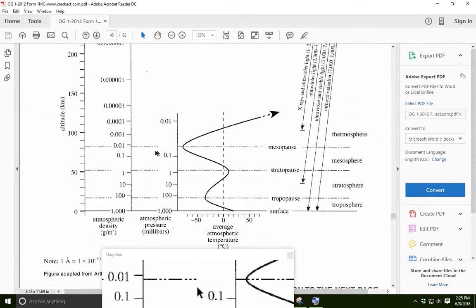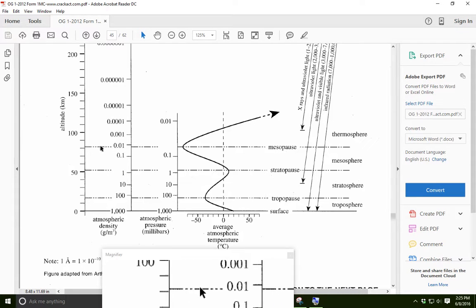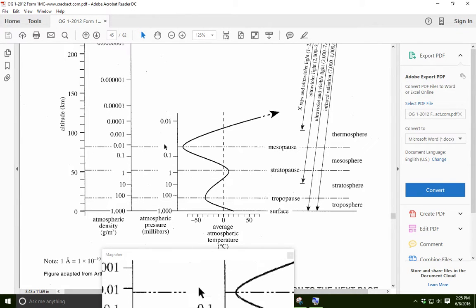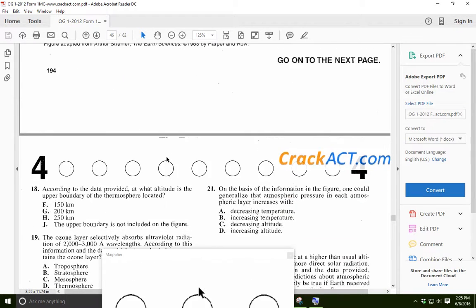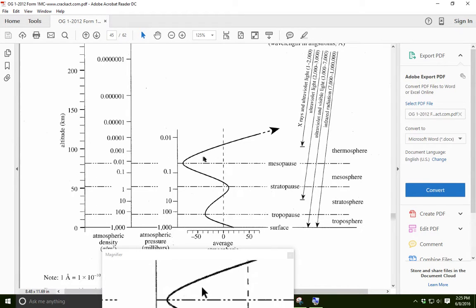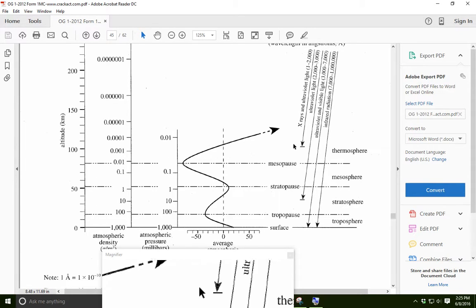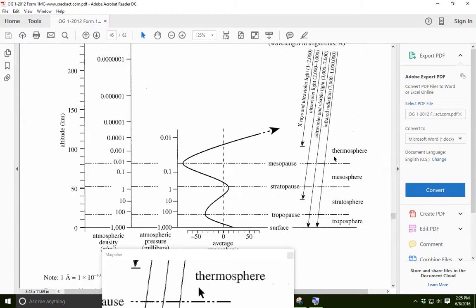The altitude is about 80 kilometers if you look carefully. It's about 2 away from 100. I'd say about 82, 83 kilometers. Wait a second, we don't have that option. Where is the thermosphere?